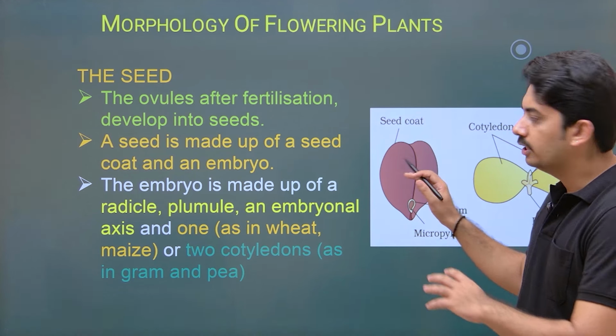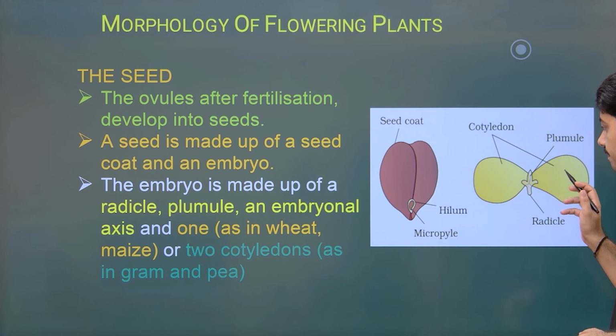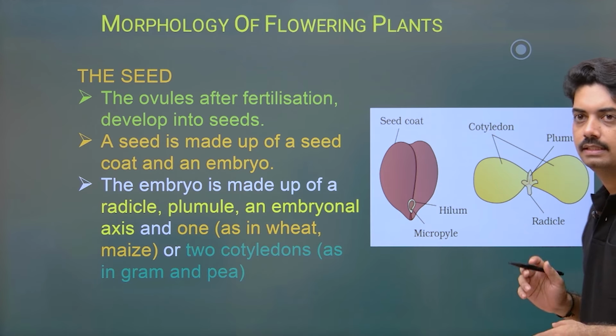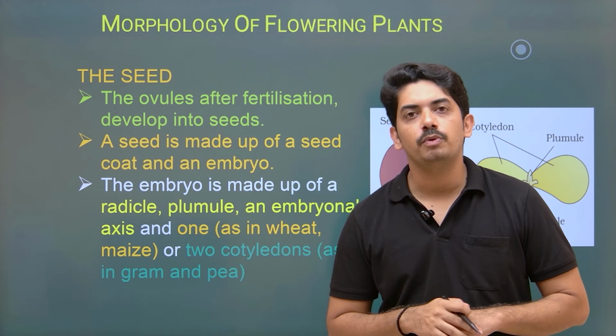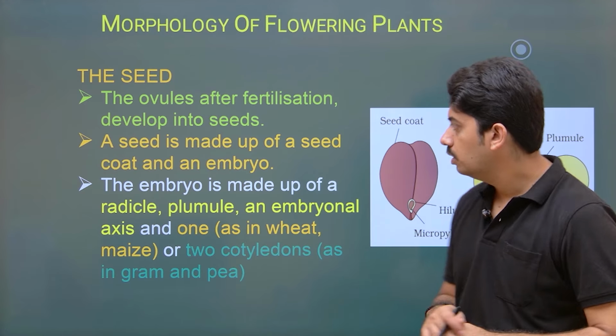When the seed coats are removed, it appears like this, having two cotyledons, and this is the embryonal axis. The embryo consists of plumule and radicle. Plumule gives rise to the shoot and radicle gives rise to the root.